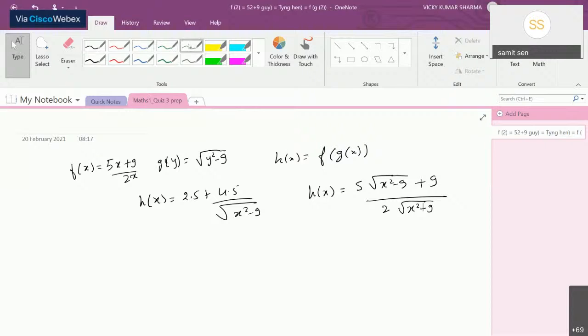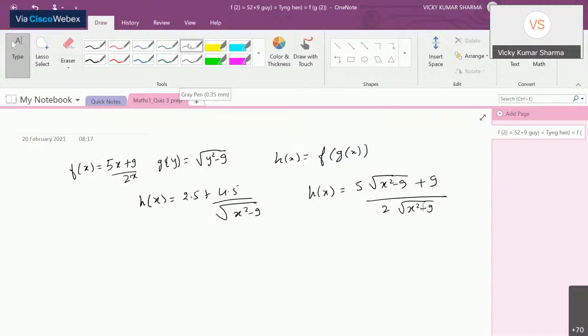So I have to find the input, the domain of g of x where the output is 3. I simply put 3 is equal to root over y square minus x square minus 9 and find out the x. These are the x values for which g of x gives a value 3, which in turn creates a problem in f of g of x.